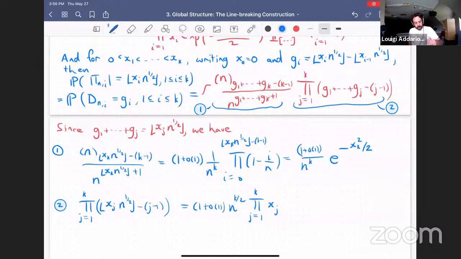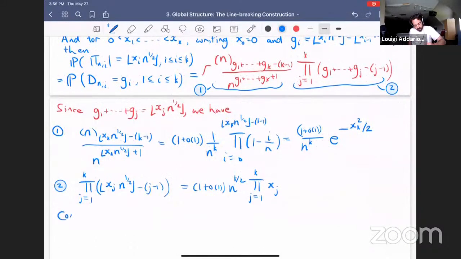And so combining those gives what? I guess this is the probability I really want to be thinking about.